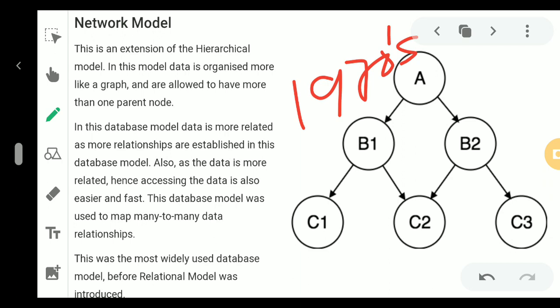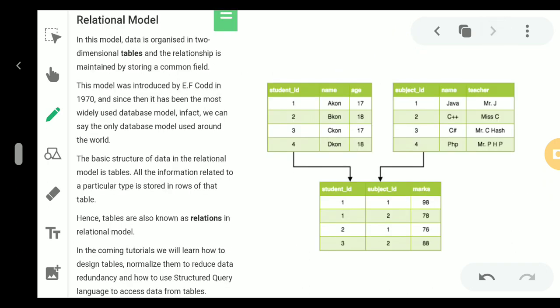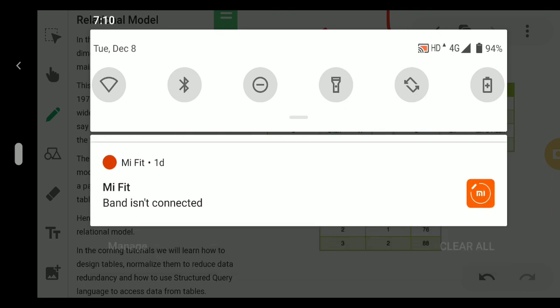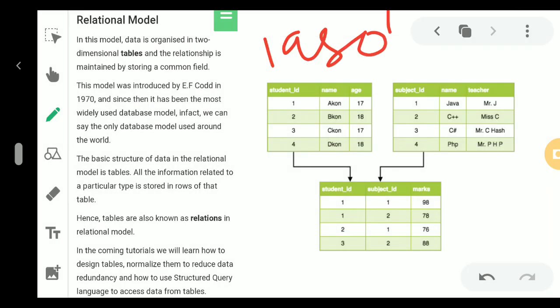Now the network model is over, and we are going to the relational model. This is the most popular database model in use today. It was developed during the 1980s, so remember that it was developed in the 1980s, and it virtually replaced the hierarchical and network models.